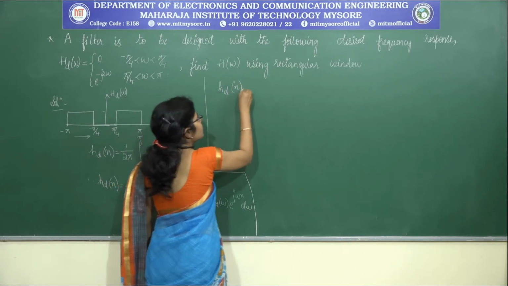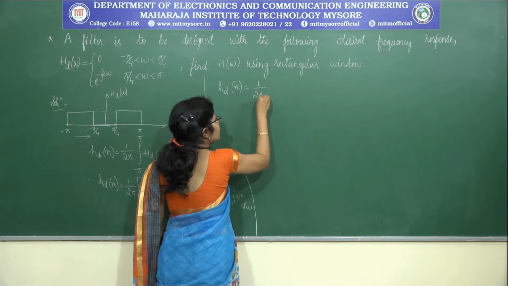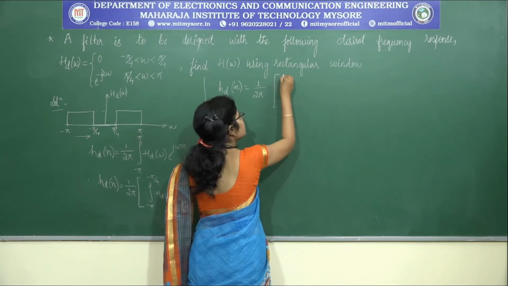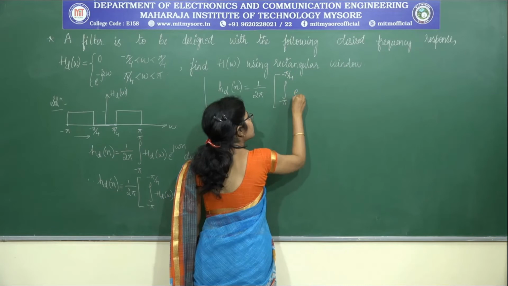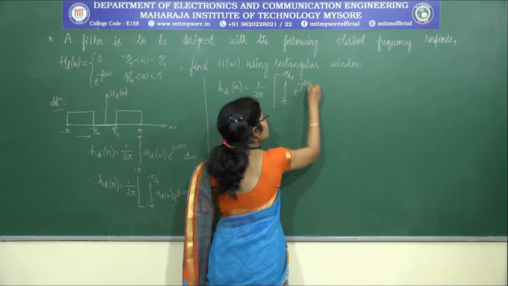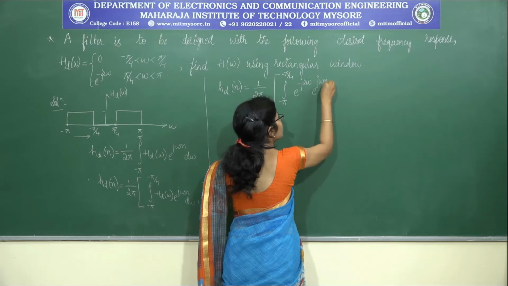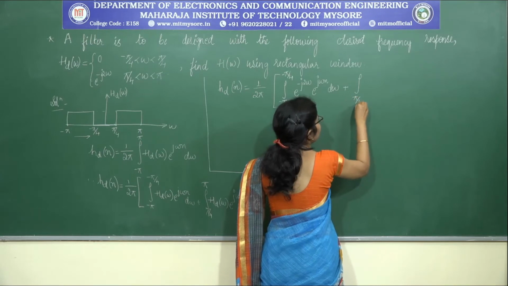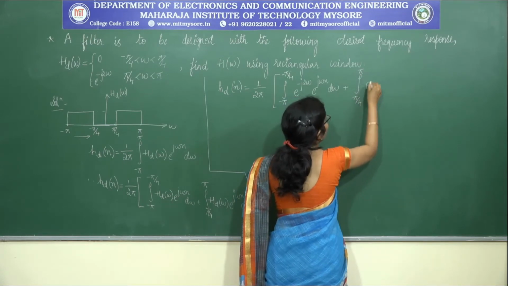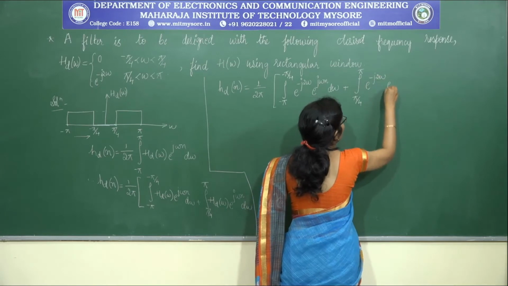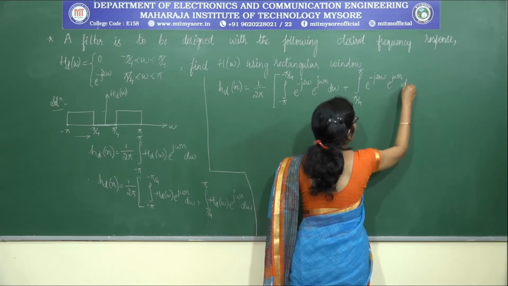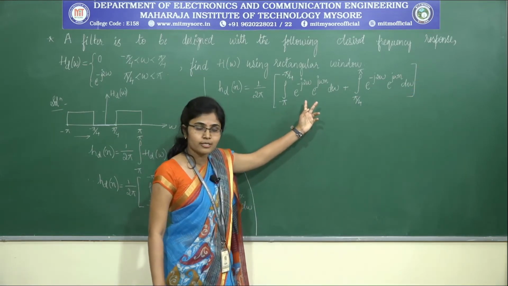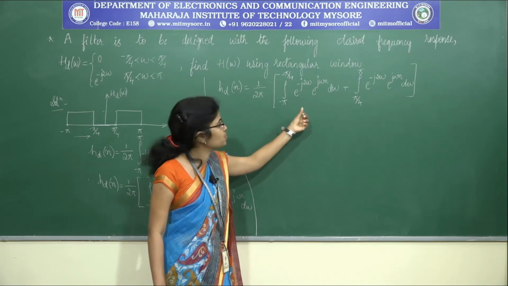So let us substitute the values and start simplifying. Therefore, HD of n is equal to 1 by 2 pi integral from minus pi to minus pi by 4 e power minus j 2 omega into e power j omega n into d omega plus integral from pi by 4 to pi e power minus j 2 omega into e power j omega n into d omega. Now instead of writing two exponential terms separately, let us write it as a single exponential term.